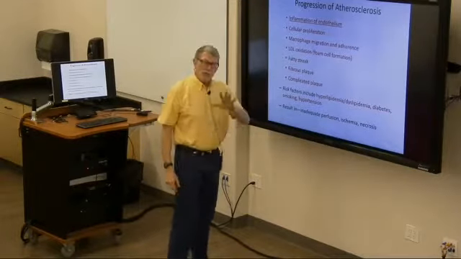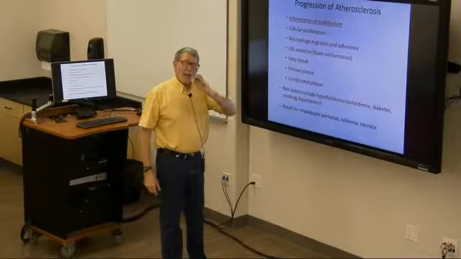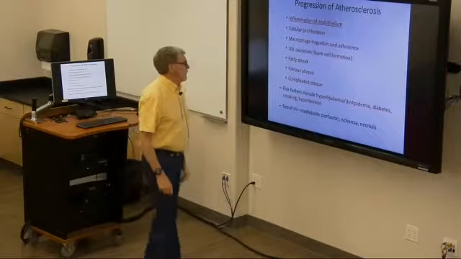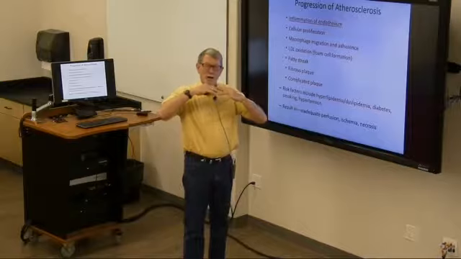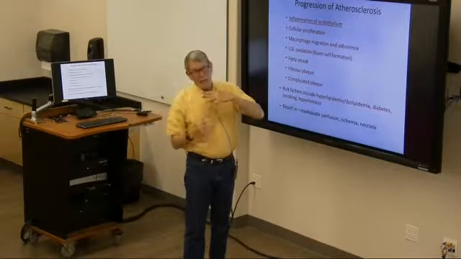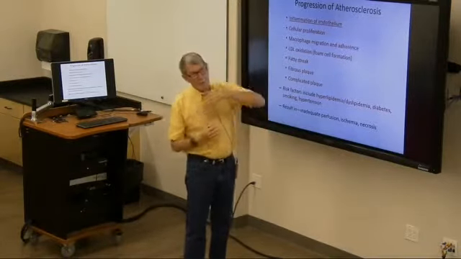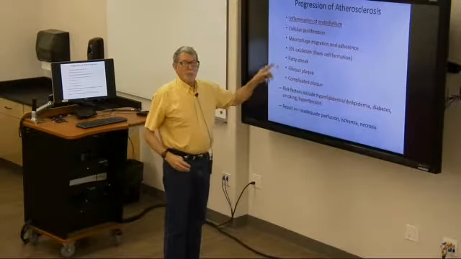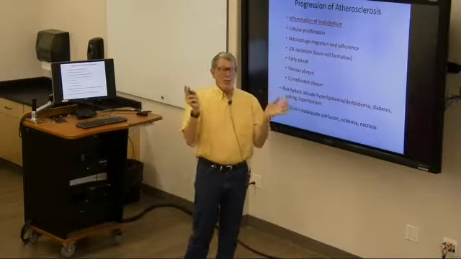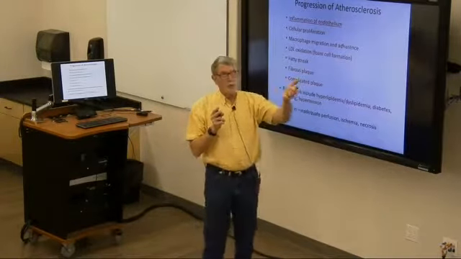Formation of the fatty streak, which is that layer of fat underneath the endothelium. The fibrous plaque that develops over the top. Complicated plaque made up of smooth muscle cells, fibrosis, splitting, damaging, and blowing up, allowing the blood clot to go out and perhaps kill you.